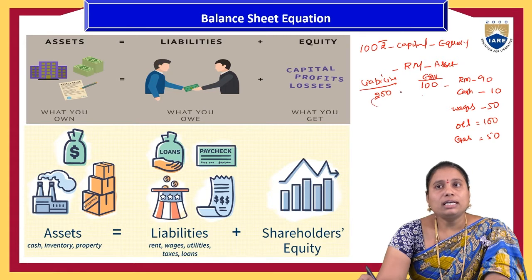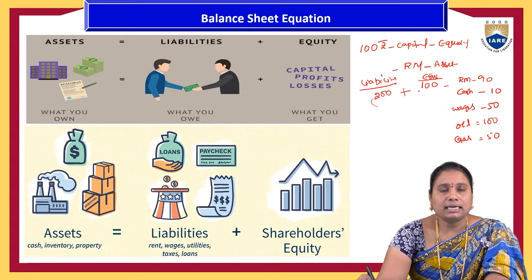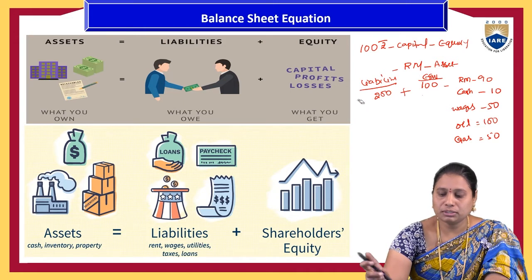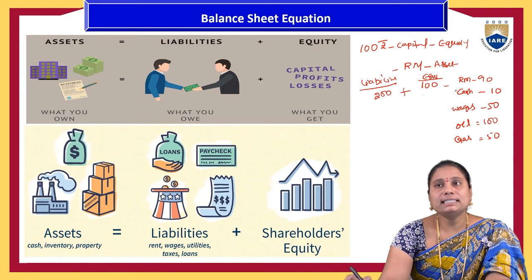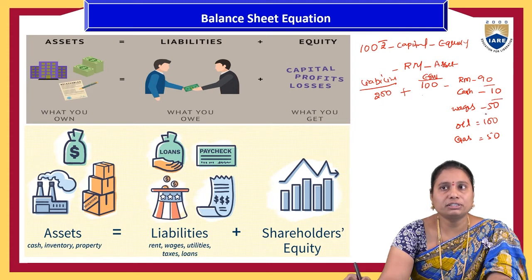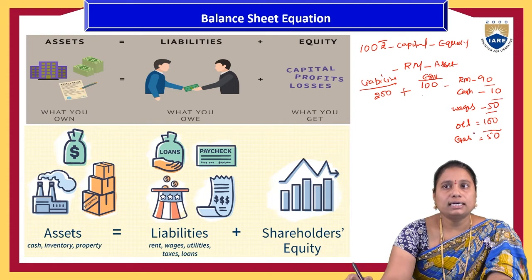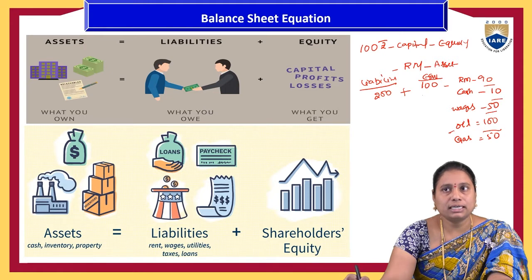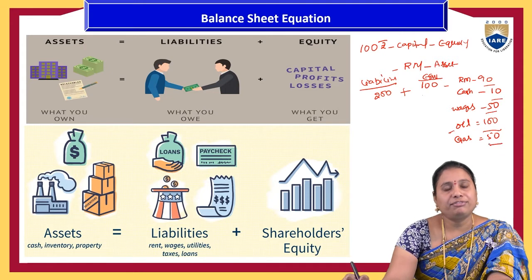So his own capital is 100 and the liabilities position is 200 rupees. It is now in the form of raw material 90, cash 60, wages 50, oil 100, again raw material 100, and gas 50.